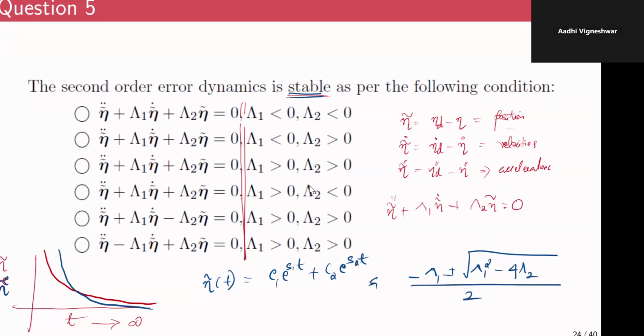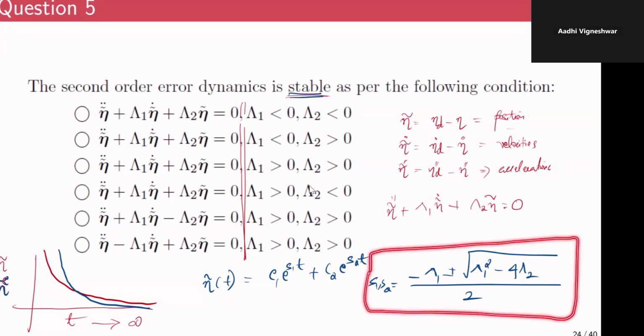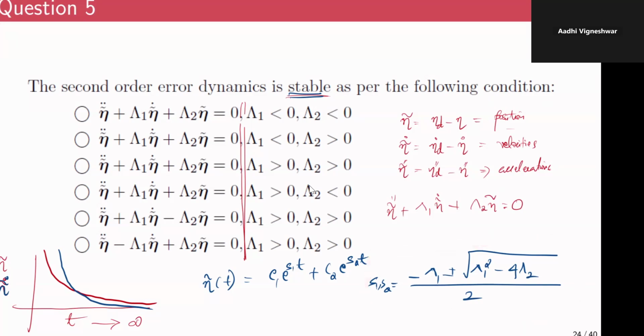So S1 and S2 are determined by this quadratic equation. And if S1 and S2 are to be negative, lambda 1 and lambda 2 will have to be strictly positive. Then only would this term asymptotically converge to zero as time tends to infinity.